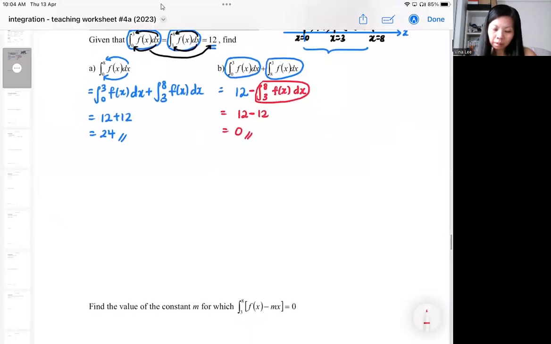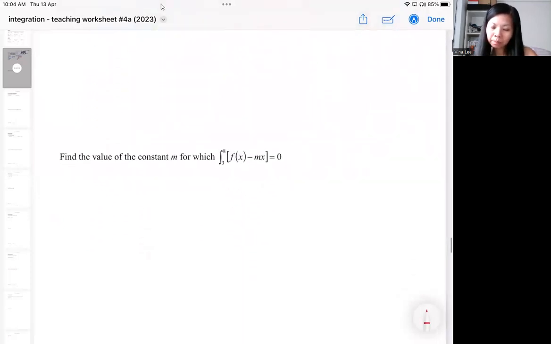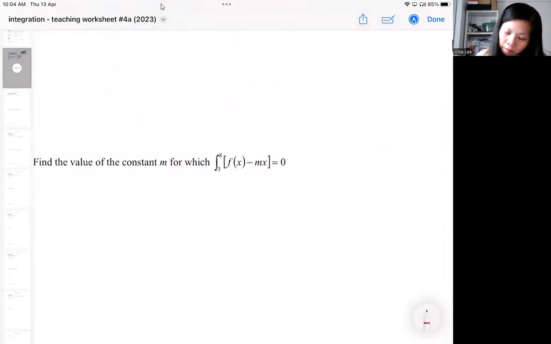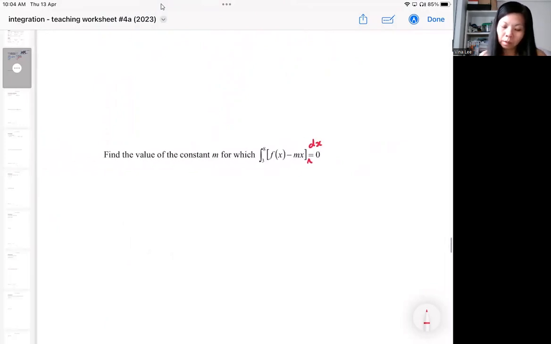When you need to use properties, you need to see it as areas, pieces of area. Sometimes it can be asked in this way as well. I think for this one I forgot to type a dx. Right now you're supposed to integrate from 3 to 8, f(x) minus mx dx equal to 0.